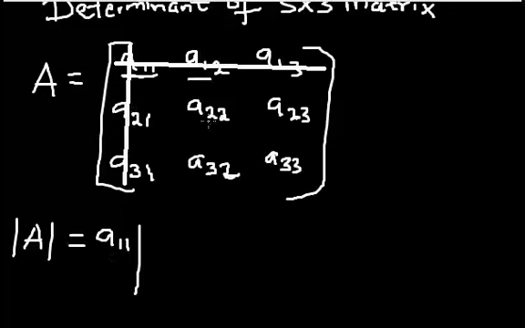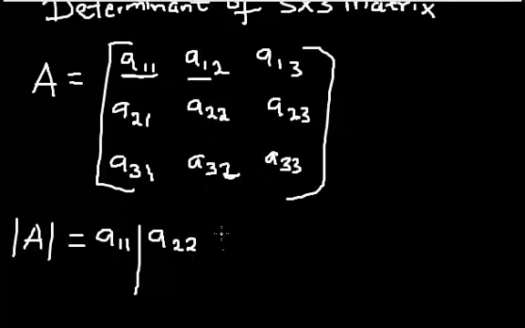That's going to be A22, A23, A32, A33. So that's A11 multiplied by the determinant of A22, A23, A32, and A33. Okay, so I'm done with this.